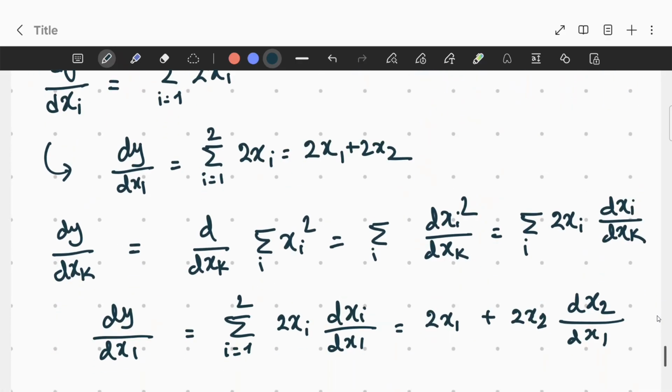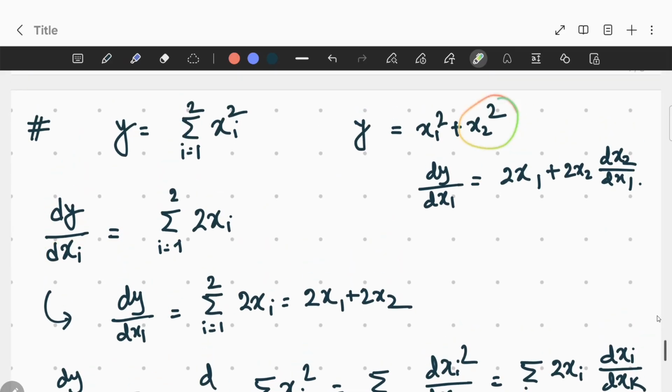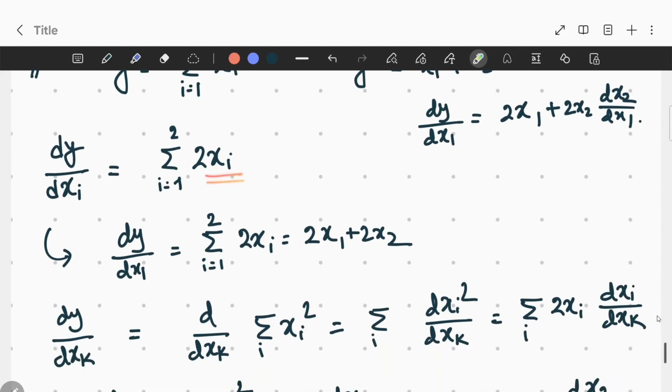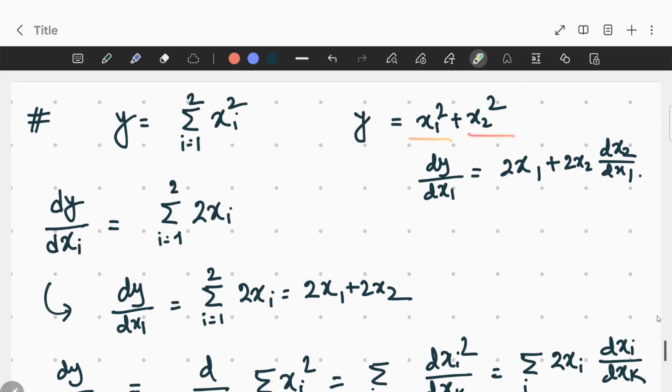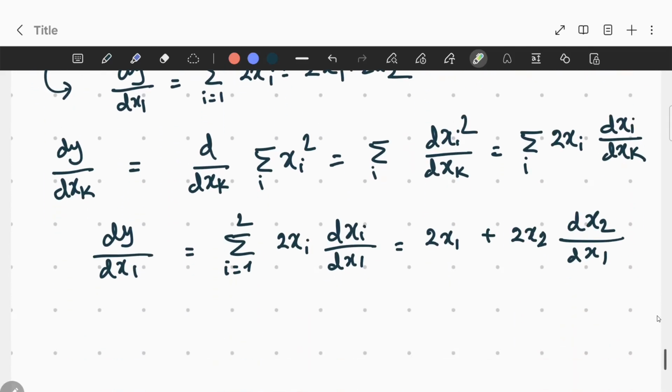So why do we have to take another variable? Because to consider the cross term. If you take both as the same xi, you are neglecting this cross term, since x2 is not the same thing as x1. That's why you got the wrong answer. To account for the cross term, we consider a dummy variable.